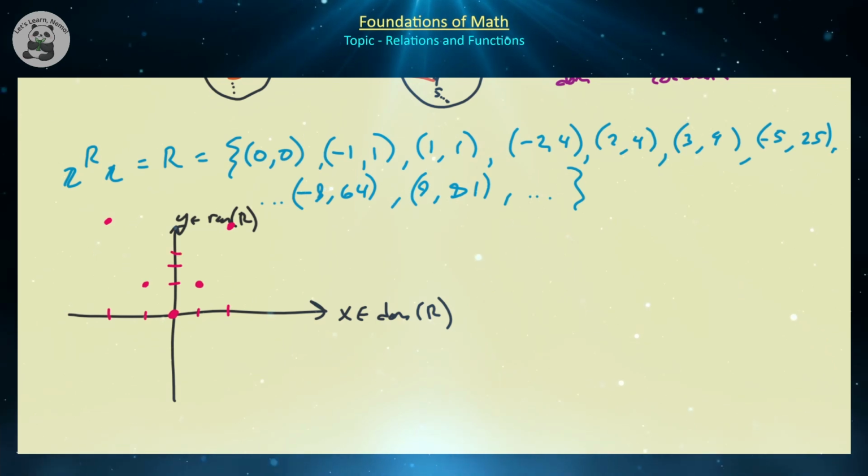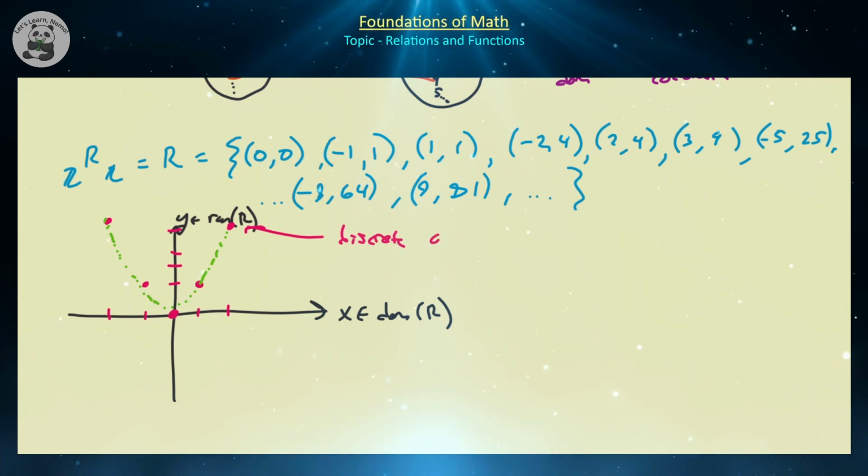So 1, 2, 3, and 4. And if I were to extrapolate these points, then I'm going to have, for example, this U type of behavior. But nonetheless, this is what we call a discrete graph because the points are not themselves connected to one another.